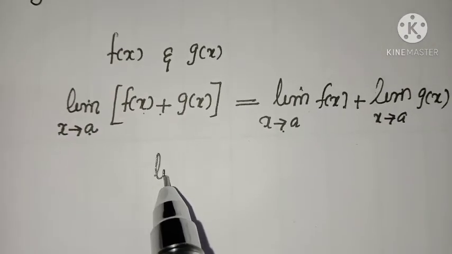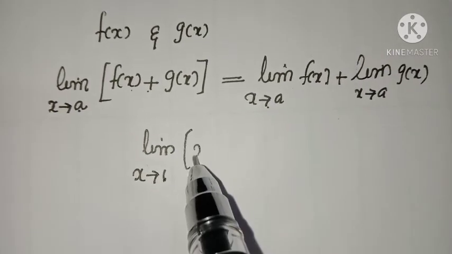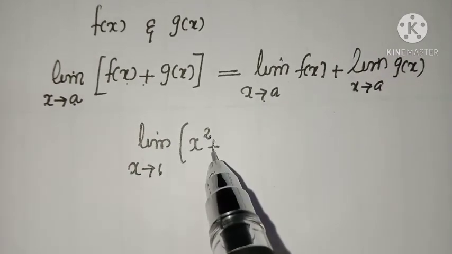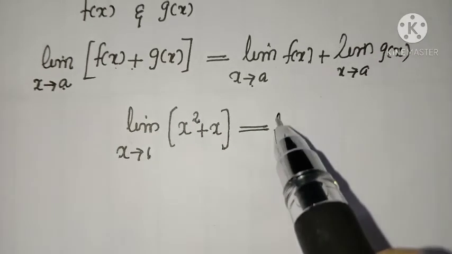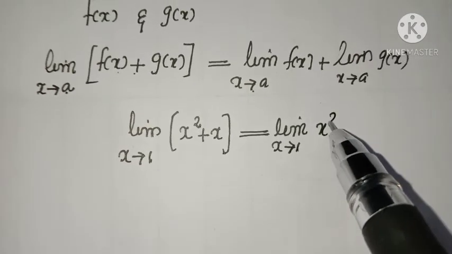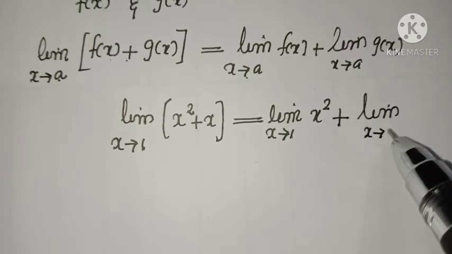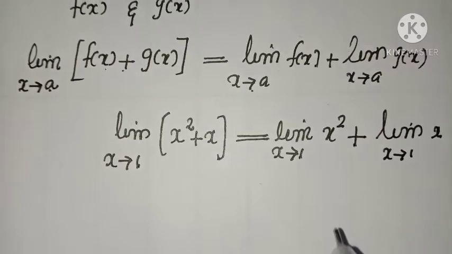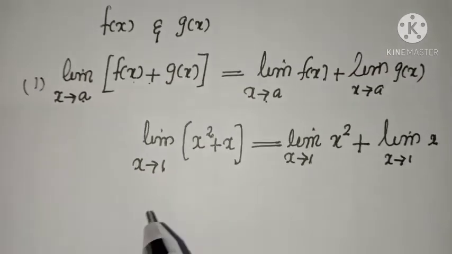For example, limit x tends to 1, x square plus x. Here we can split the limit as limit x tends to 1 x square plus limit x tends to 1 x. This is the meaning. So this is addition of two functions.